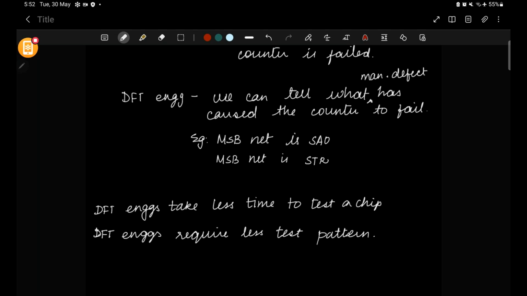So these are other advantages of DFT engineers.